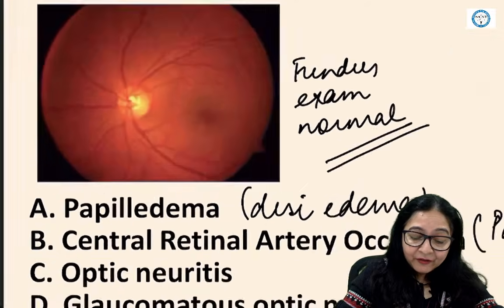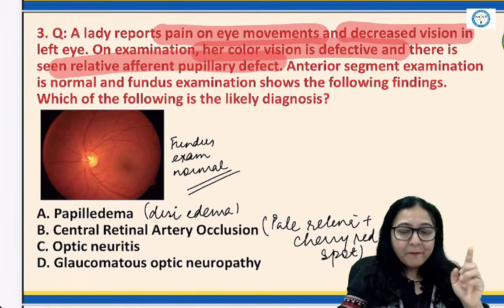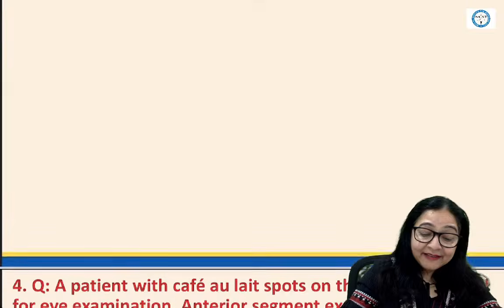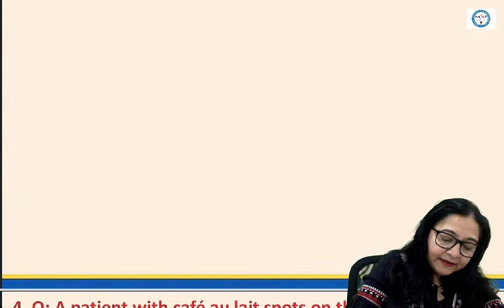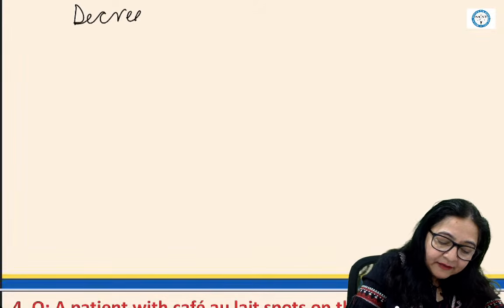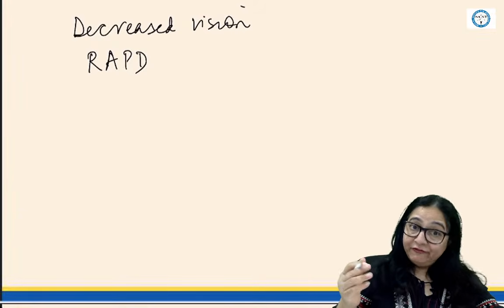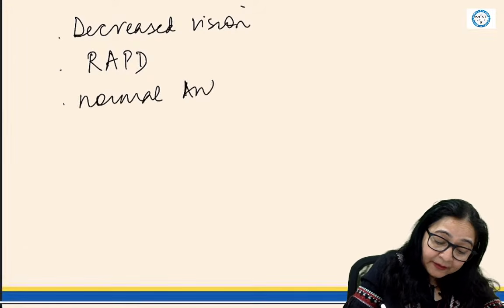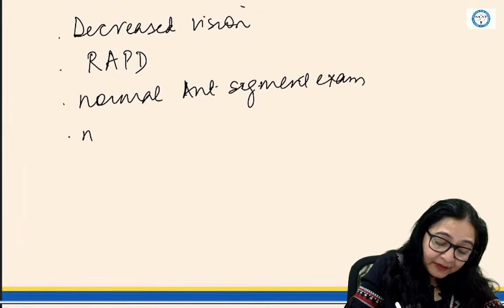Okay? So this kind of trick question they can ask you, beta. So do not get confused. Just remember the concept which you have in mind. I always tell in the class that the only condition in which there is decreased vision and RAPD, they may give that color vision is normal or defective, with a normal anterior segment examination and normal fundus examination.